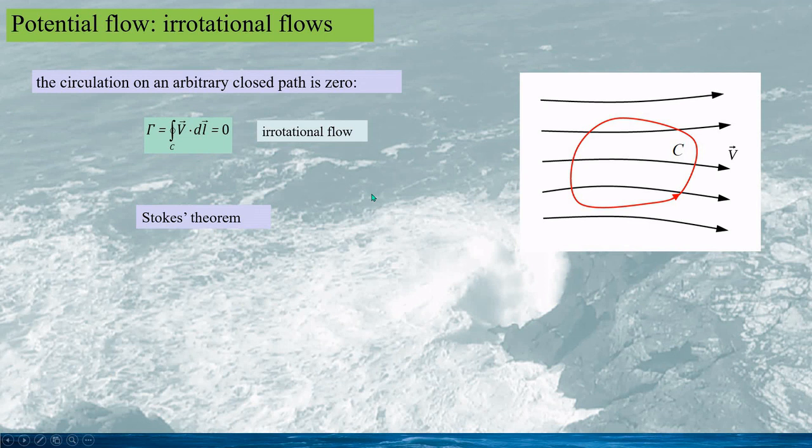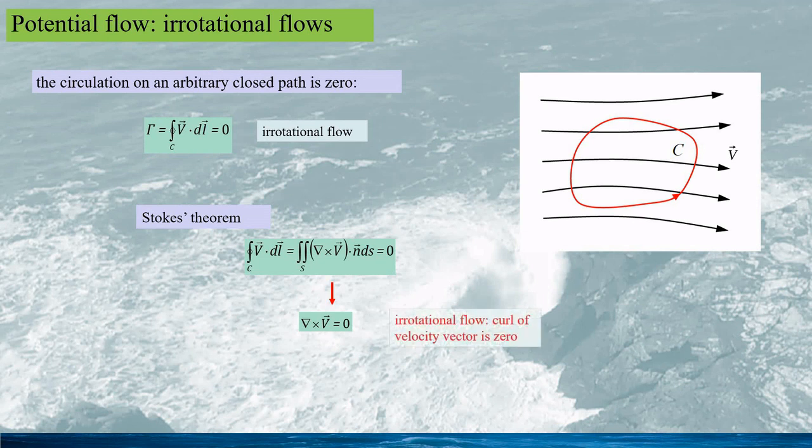Using Stokes' theorem, we can have this mathematical equation. This changes the circulation to the integration on the surface enclosed by the closed curve. This equation would lead to another definition for the irrotational flow: the curl of the velocity vector is 0.